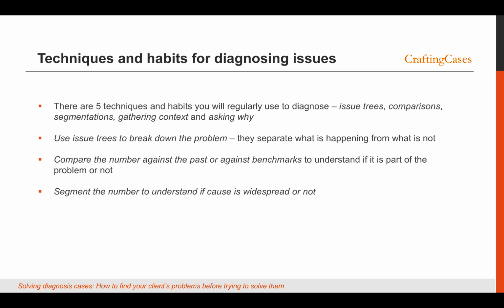So, for example, which customers are switching from our lighter to the new product launched by our competitors? Maybe it's only young clients. So segmenting helps you gather a bit more context and know better where the problem comes from. Segmenting does not substitute issue trees, however. So if you need to choose one, just choose issue trees. But if you can use both at once, you'll get more powerful in your problem solving.